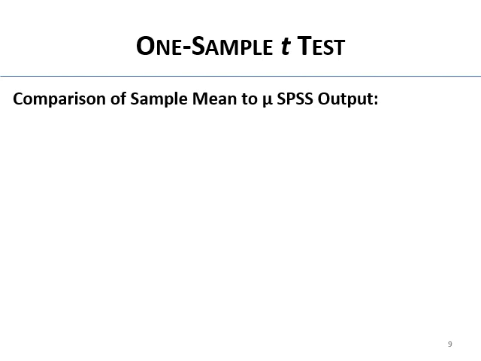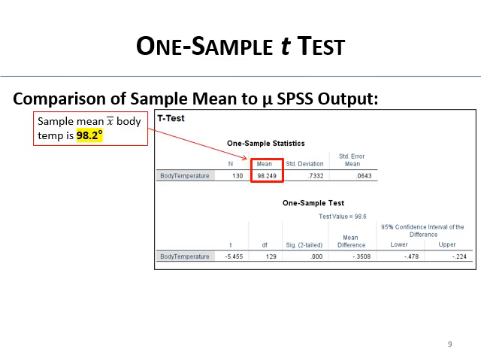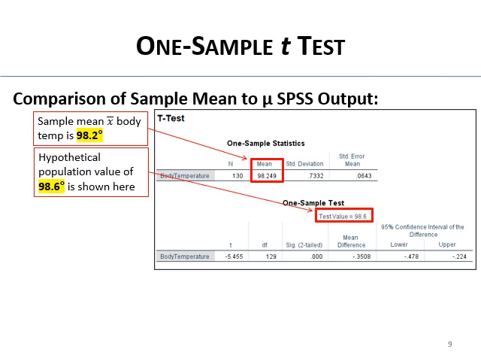This is what you get on the SPSS output when you click OK. This is what it looks like. What do we got here? A bunch of stuff. So first thing is one sample statistics. You get the sample size, 130, standard deviation, the mean, standard error, whatever that is. But the average body temperature of the sample was 98.249, so 98.2 degrees. The next table there is a one sample t-test table.